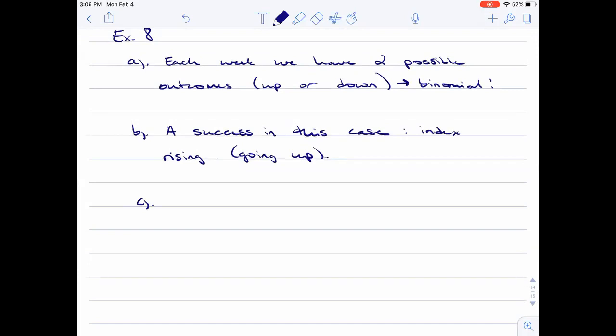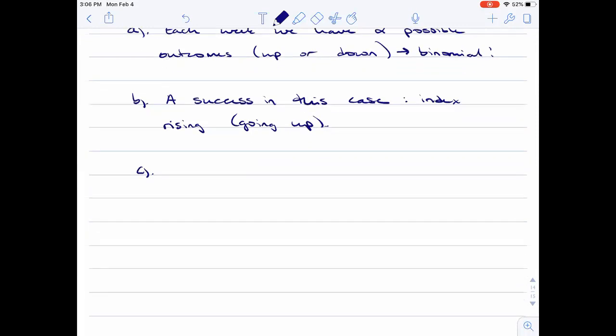Part C. What are N and P in this case? N is the number of trials. I'm putting that on just as a refresher, and we looked at 5 weeks. So we had 5 trials. I'll just put in brackets here 5 weeks. Right, because let X be the number of weeks among the next 5 weeks in which the index rises.